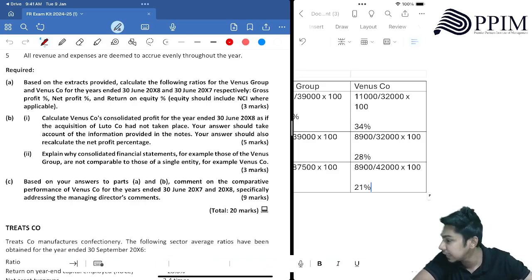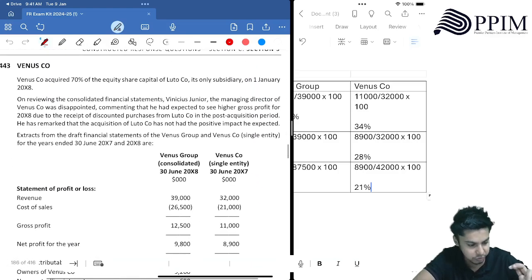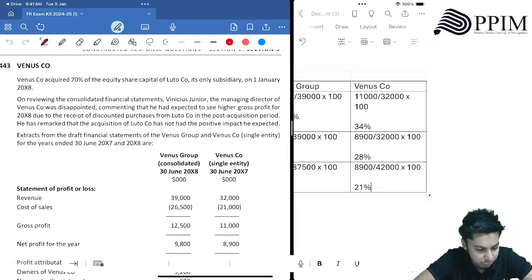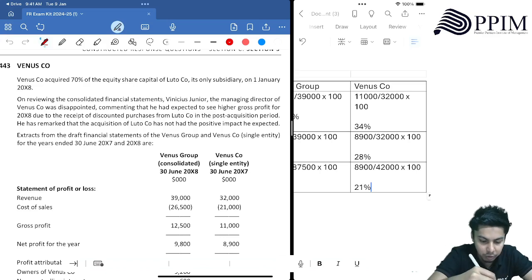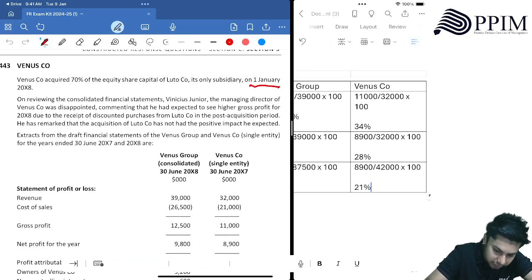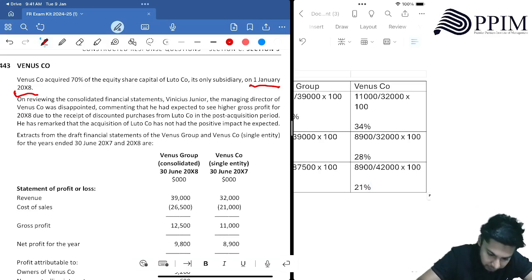Okay, now, guys, before we read this, let's quickly go through the paragraph one more time and see. Okay, first one. Venus Corporation acquired 70% of the equity share of Luto, its only subsidiary, on 1st January 2008. Now, guys, point to note.